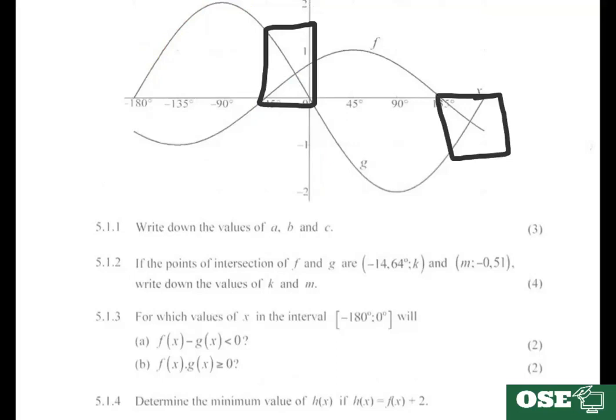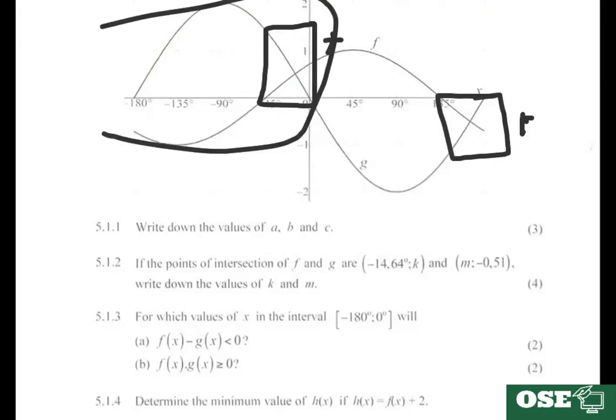When you multiply these graphs, you get a positive answer here and a positive answer here. But because our interval was just -180 to 0, this is our only answer. If they'd asked about the entire graph, we would also add this answer, because on this side they're also both negative. I hope that makes sense.